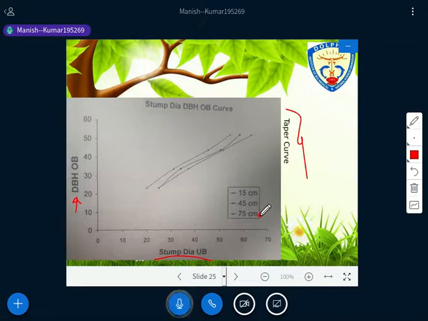So whatever data you have collected in form number 5, use that data to draw this curve here. And the purpose for making this curve is to establish the relation between diameter DBH over bark and stump diameter under bark. Is it clear? Will this also be clear to you all? I hope you have understood up to this point.